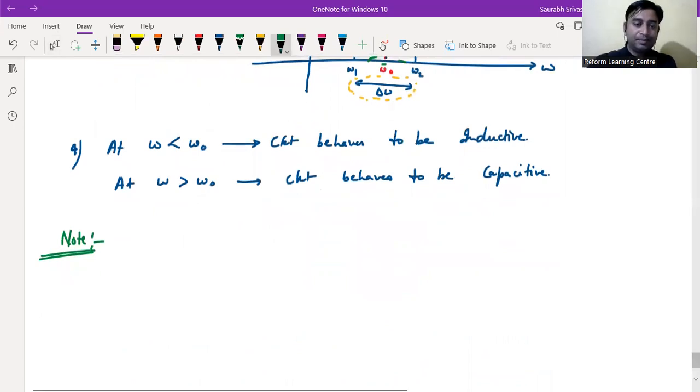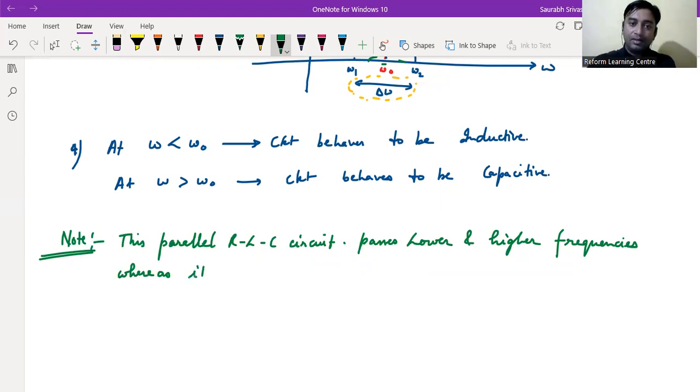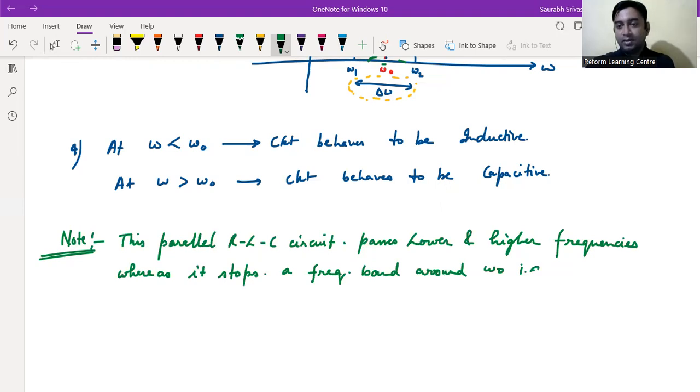Now, note पे लिख लीजिए. This parallel RLC circuit passes lower and higher frequencies, whereas it stops a frequency band around omega naught, that is delta omega.